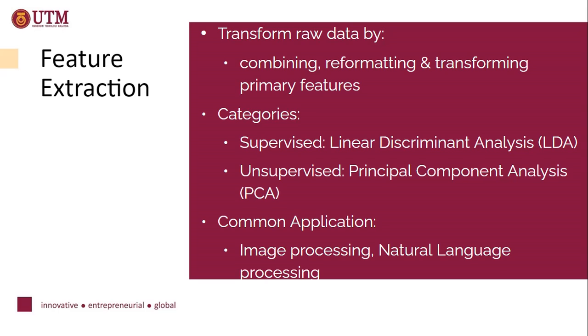And the second one is unsupervised, where it looks for a low-dimensional space that shows the original space structure information. Linear discriminant analysis (LDA) and principal component analysis (PCA) are examples of supervised and unsupervised feature extraction respectively. Some common applications of feature extraction are image processing and natural language processing.